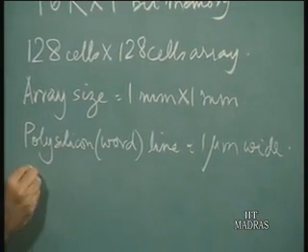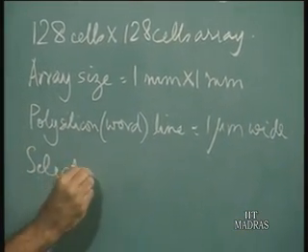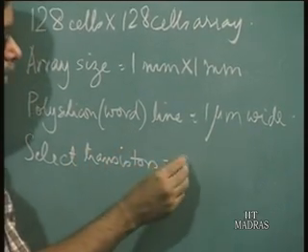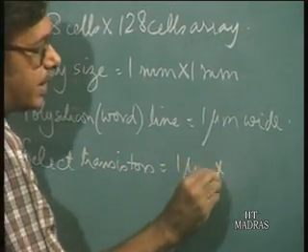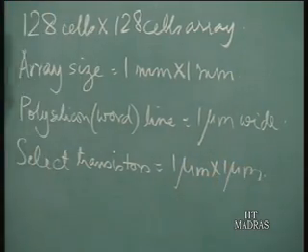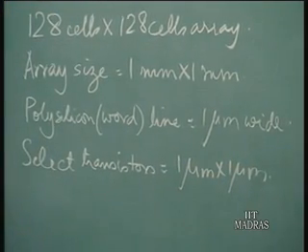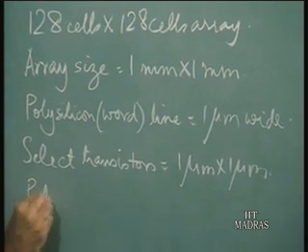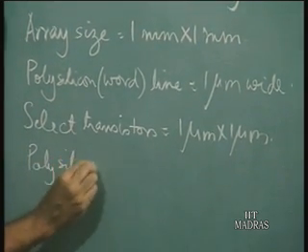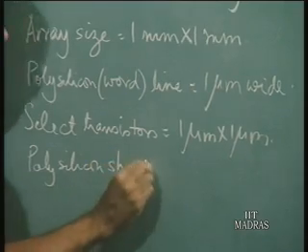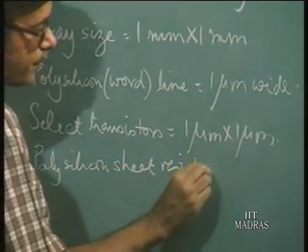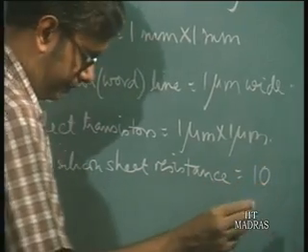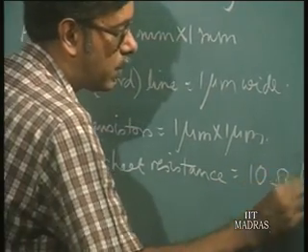Select transistors: the size of the select transistors is a channel length of 1 micron and width of 1 micron. Polysilicon sheet resistance is equal to 10 ohms per square.